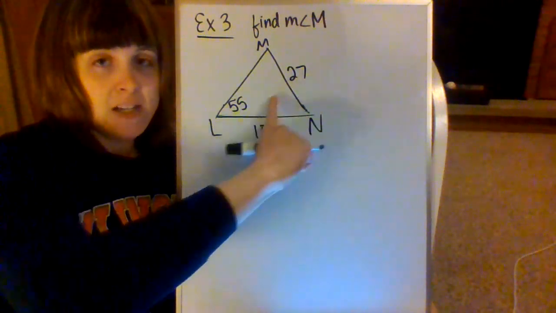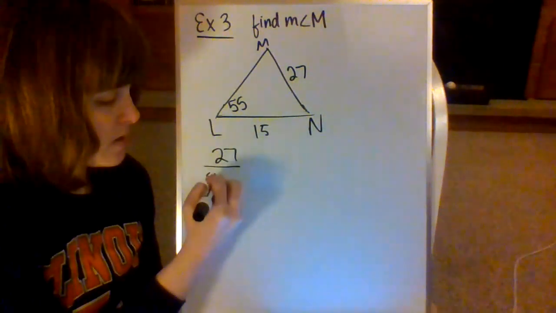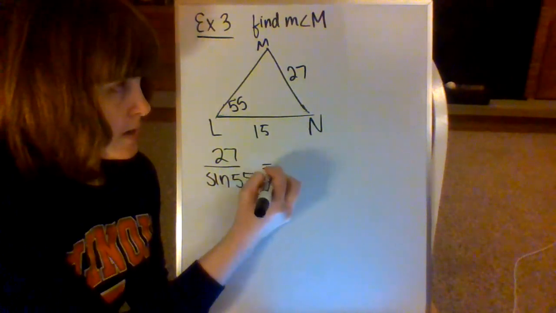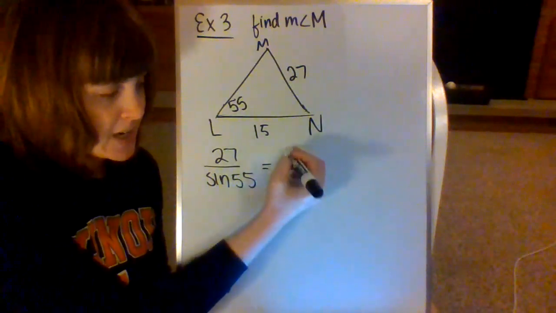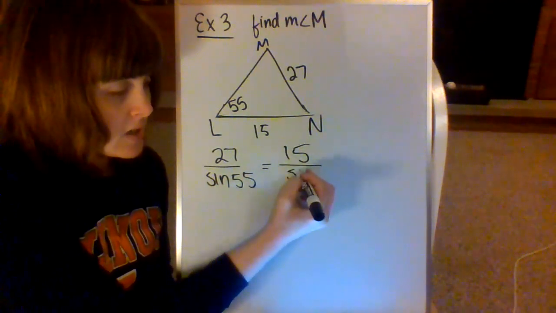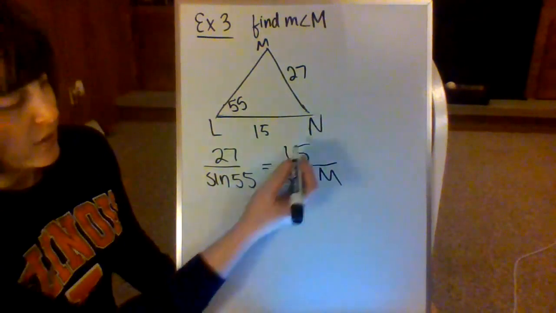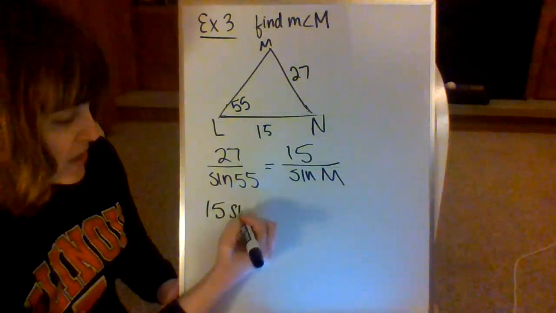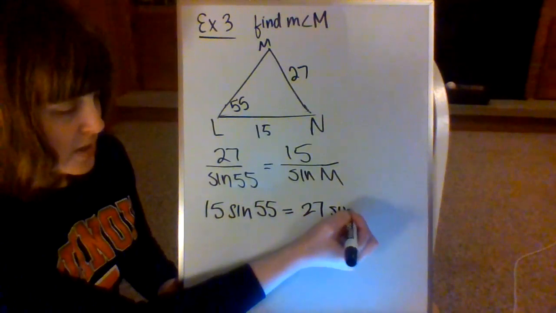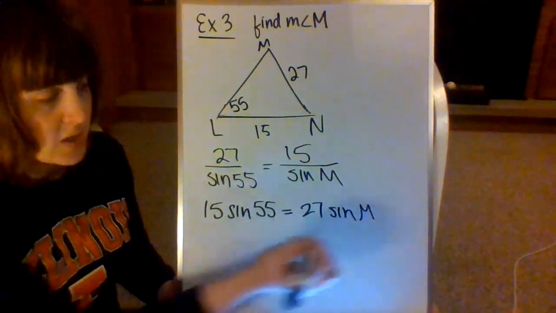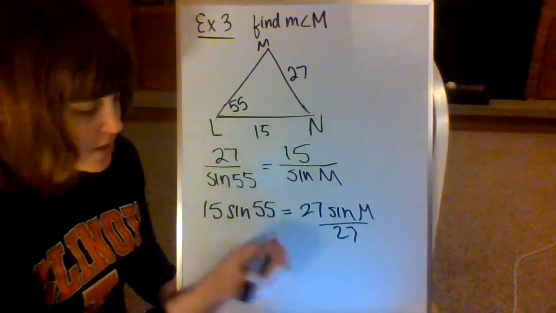So 27 over sine of 55 equals 15, because that's opposite angle M up here, so 15 over sine M. Cross multiply again: 15 sine 55 equals 27 sine M. So we're going to divide both sides by 27. That's a very hideous 7, but that's okay.